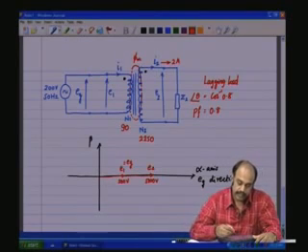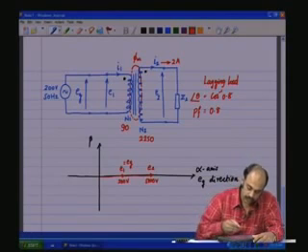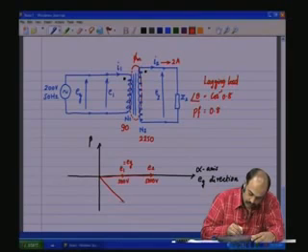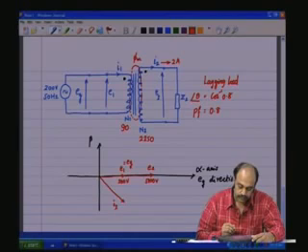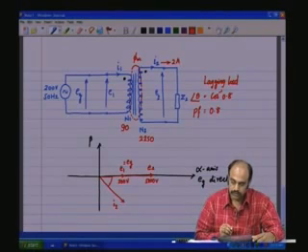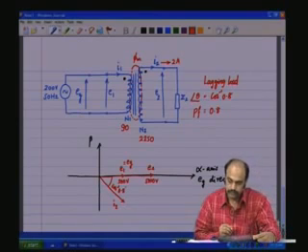and what is given is a lagging load. I2 is lagging E2. This is I2, this is lagging E2 by an angle which is cos inverse of 0.8.